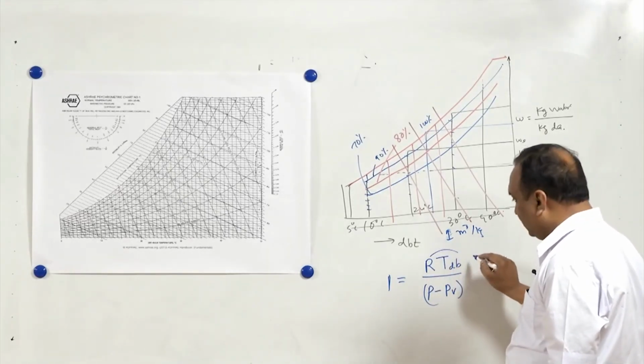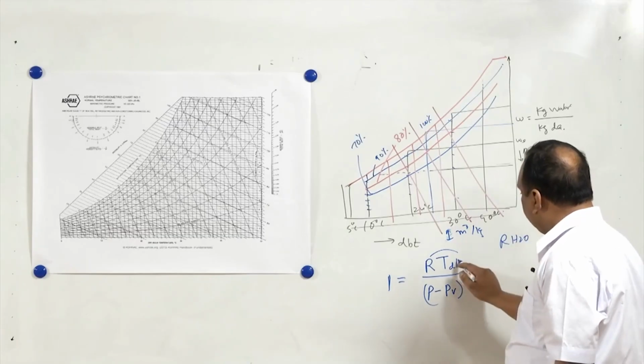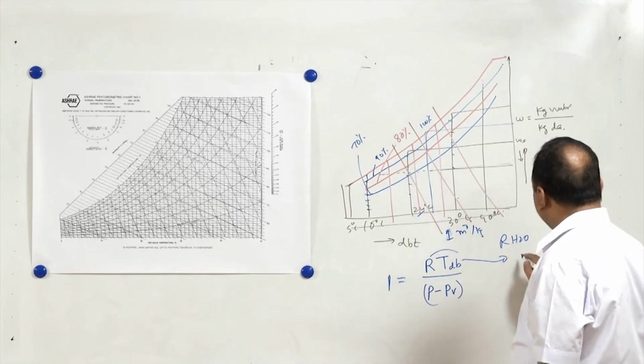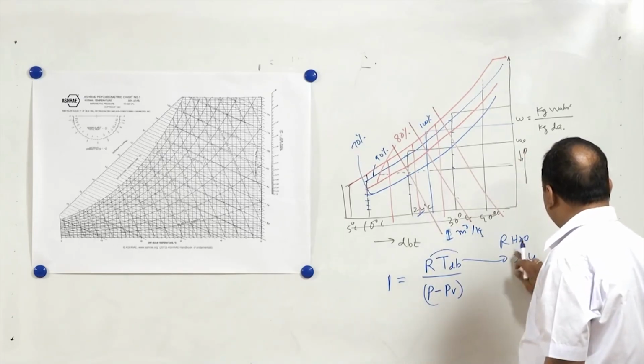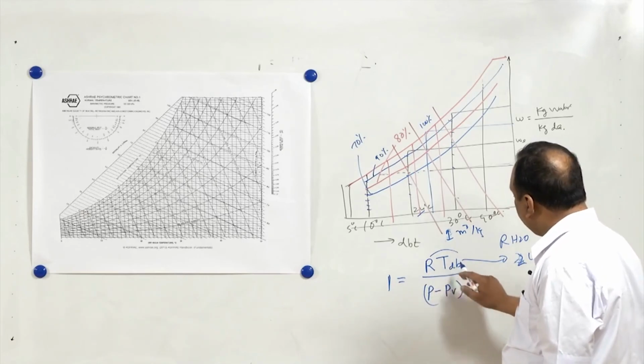R we know for air, right? Let us assume one dry bulb temperature as 24 degree centigrade. Now R is with us, dry bulb temperature with us.